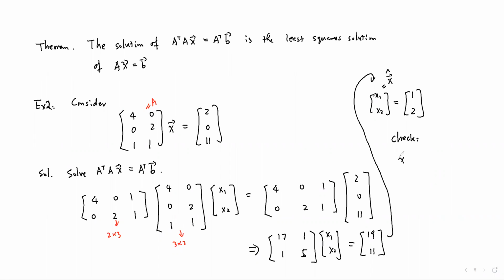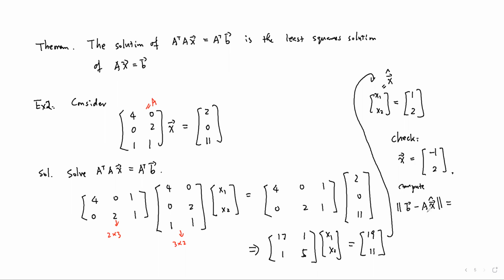Arbitrarily pick x. Say, for example, -1, 2. Then compare. B is the right side, B is this. B minus A times x hat, the length of this vector is the distance between left side and right side.